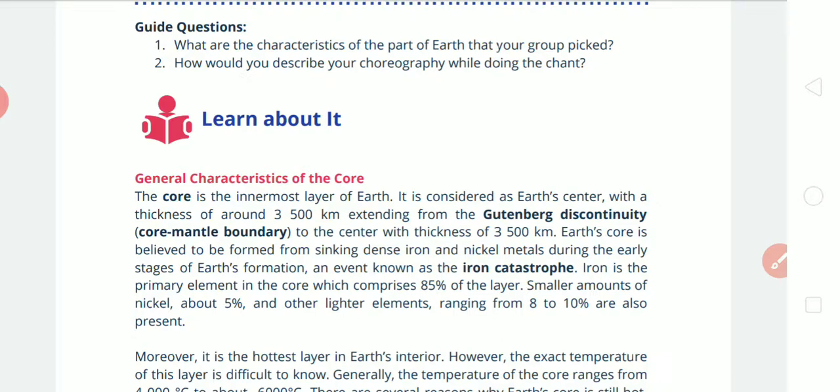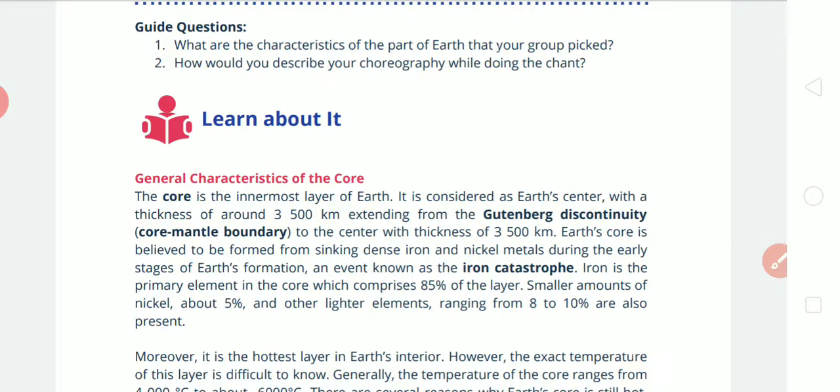It is considered as the Earth's center, with a thickness of around 3,500 km extending from the Gutenberg discontinuity or the core-mantle boundary to the center. So the core, since it is the innermost layer of the Earth, is considered as the Earth's center.